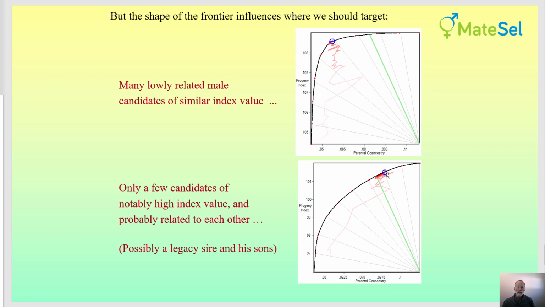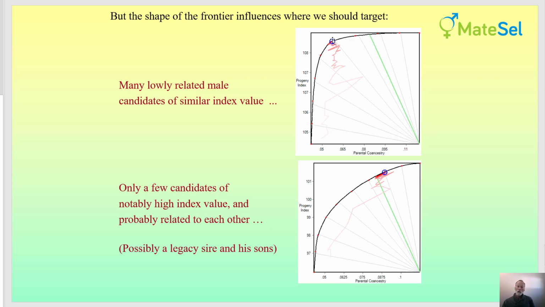They don't have such big index values. So to get more diversity, we take a big hit in index. And of course, a legacy sire and a bunch of his sons being the important ones in the population is a sign of a poor breeding program. They probably haven't been using Matesel or a tool like it, and that's reflected in the shape of the frontier. That's the one question answered: why do we get these different shapes of frontiers.